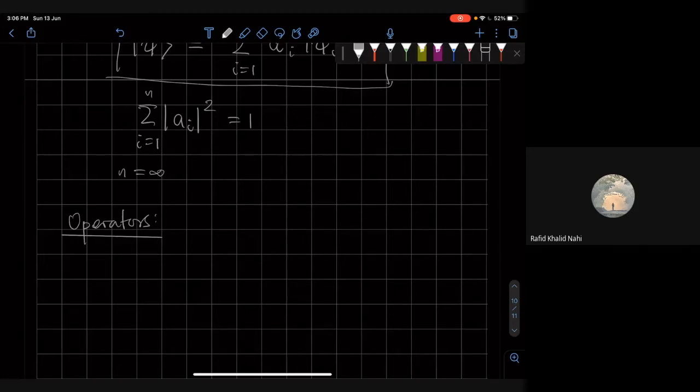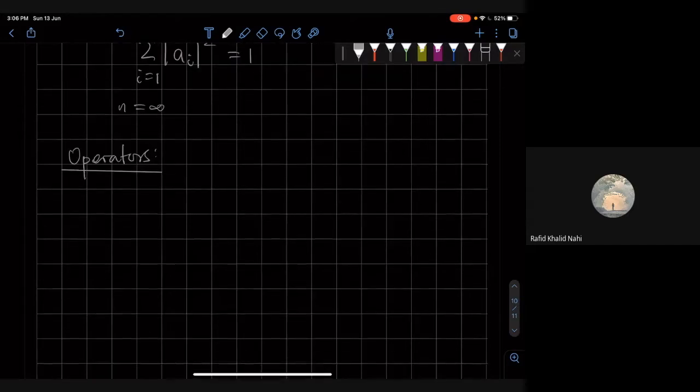So in quantum mechanics, what makes vector spaces interesting is that there are maps on the vector space. These maps are from the Hilbert space to itself. These maps are called operators. What operators do is that they are linear.